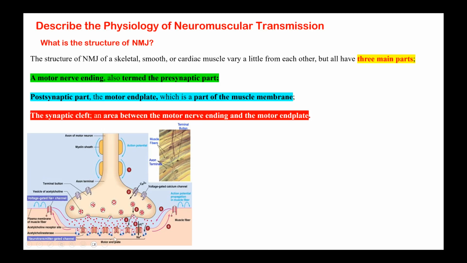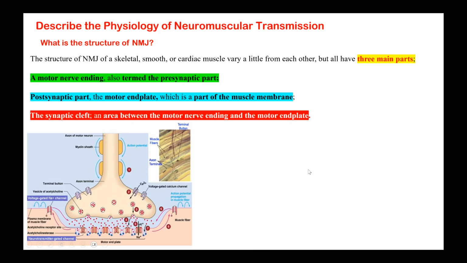They are present in the bottom portion here. They immediately cleave this acetylcholine into acetic acid and choline, and choline will be taken up back. This picture is much easier to draw as a line drawing and describe the whole neuromuscular transmission within 5 minutes, saving a lot of time.